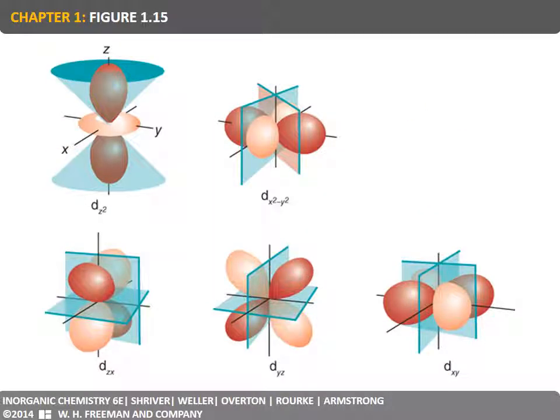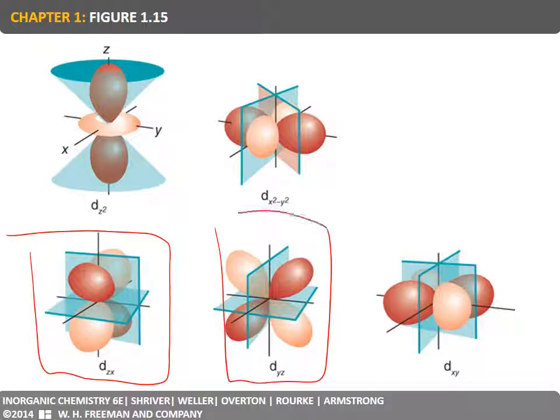So here is the graphical representation of the lobes of the d orbitals. One of them, the dz2, looks different from the others, but we will discuss why. We are familiar with these standard ones: dx2-y2, dzx, dyz, and dxy. Right?